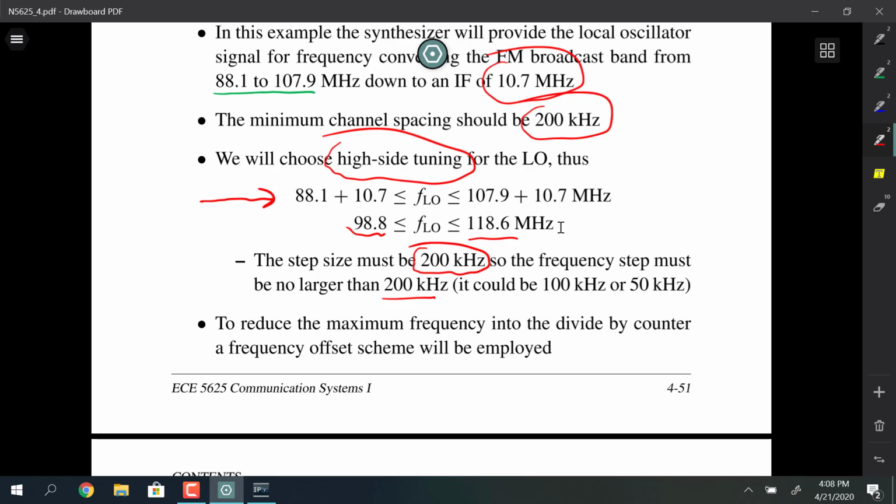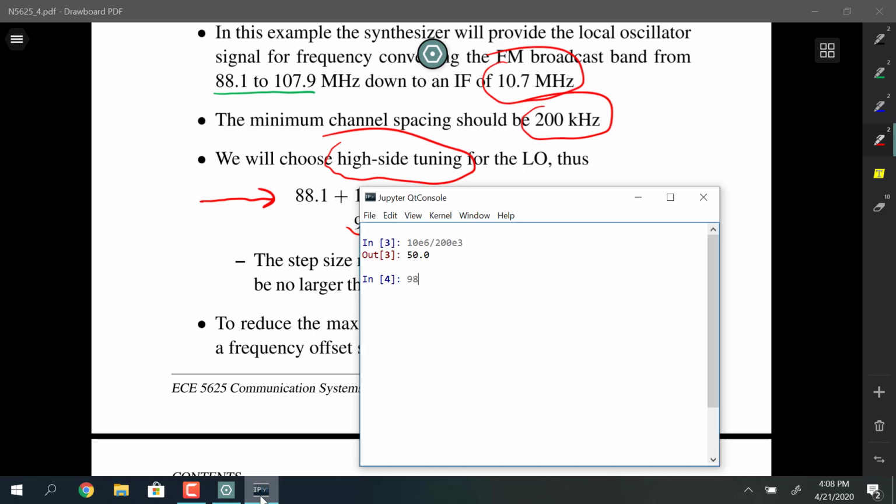We need a local oscillator of 98.8 megahertz, and divide that by 200 kilohertz. See, it's 98.8E6 divided by 0.2E6. That's going to be 494.